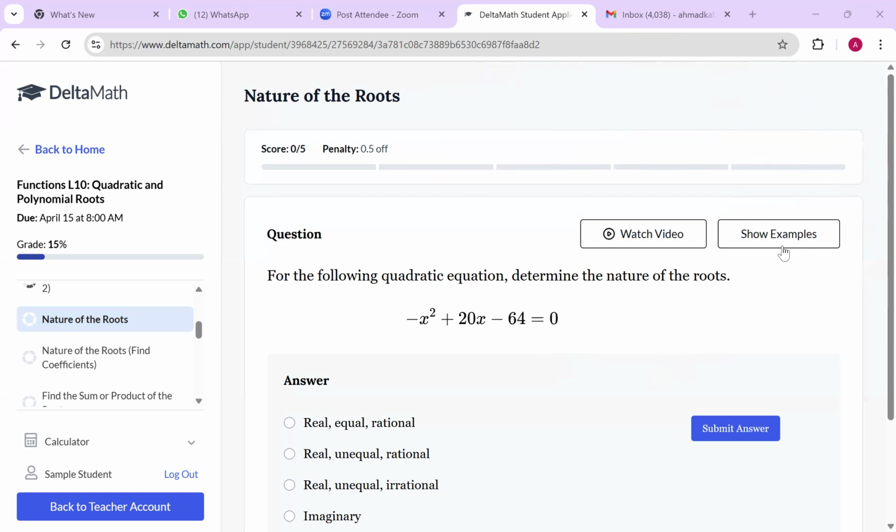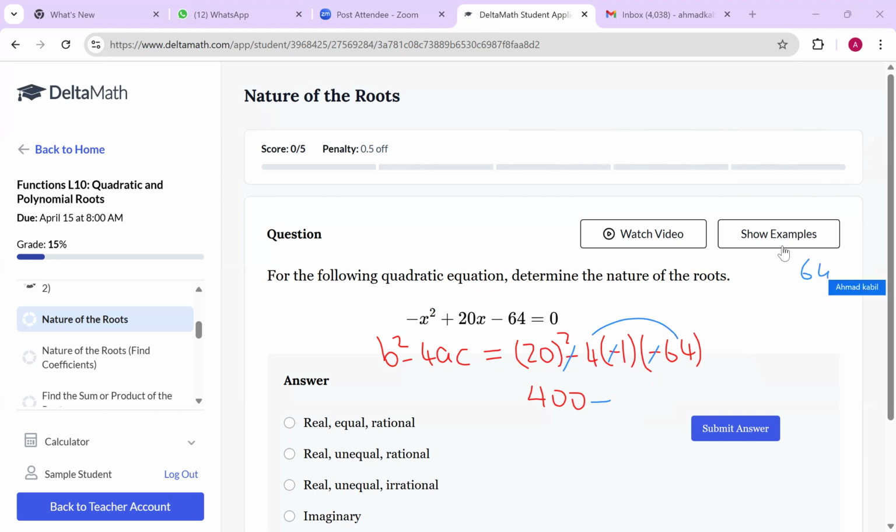So in the first case here, we have negative x squared plus 20x minus 64. So b squared minus 4ac equals 20 squared minus 4 times negative 1 times negative 64. This is 400, and we have three negatives here, so minus 4 times 64.